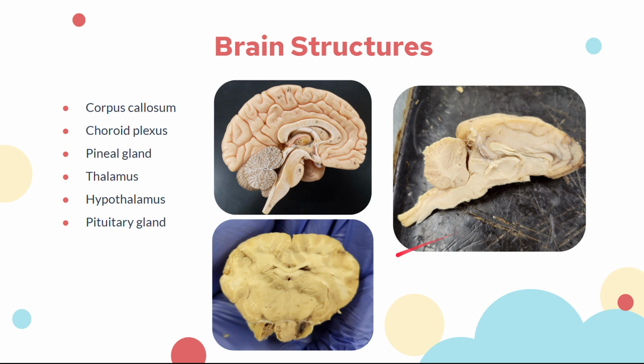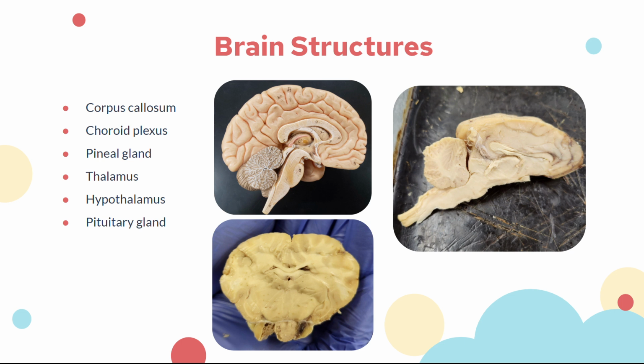The choroid plexus, you would see it in the sagittal section of the sheep brain, but you can't really see it in this brain. But on the human model, you can see it right here. You see this pink line? This line right here is what would be our choroid plexus.